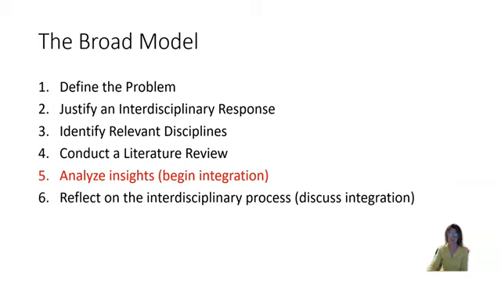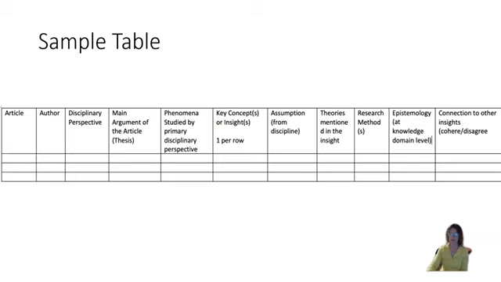In step 5, obviously the most difficult part of the 6-step process is actually beginning the integration. And this is why it's helpful to talk about those elements of a discipline before we get going, because you can see words like phenomena, assumptions, and theories are the way that we actually break up the insights to then put them on a table like this so that we can compare them.